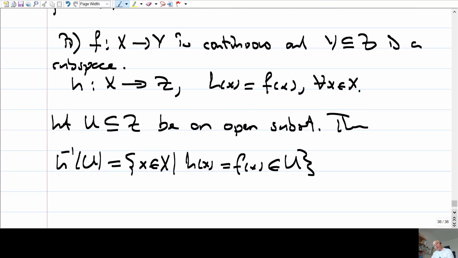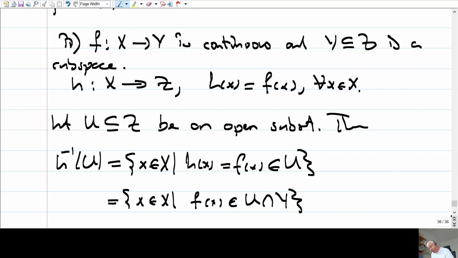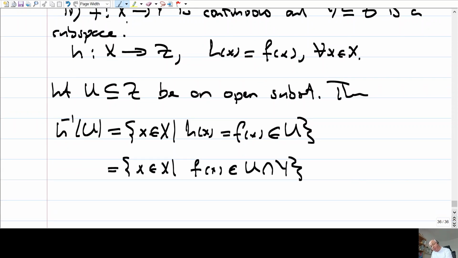However, we know that the image of f is contained already in y, because f is a function from x to y. Therefore, this is the same thing as this: f of x is in u intersection y. Because the image of f is contained here. So again, these two sets are the same.